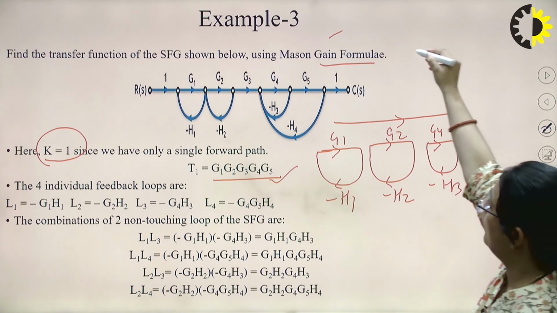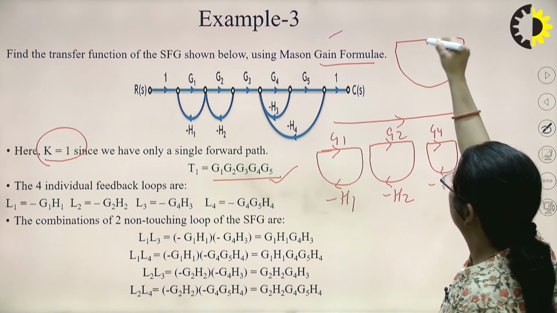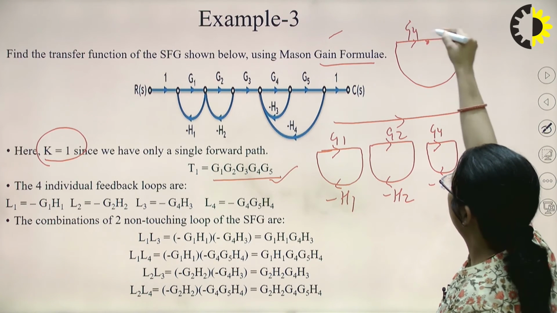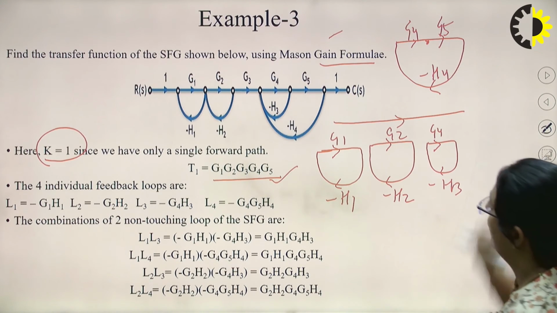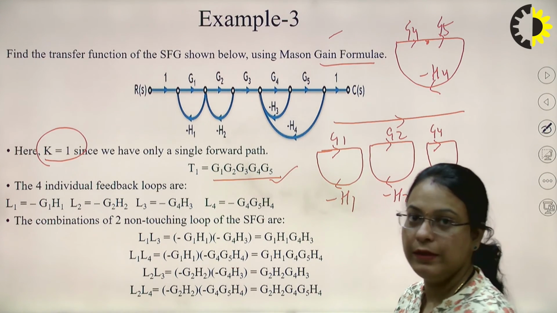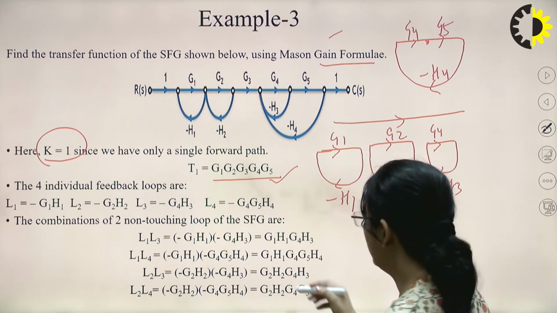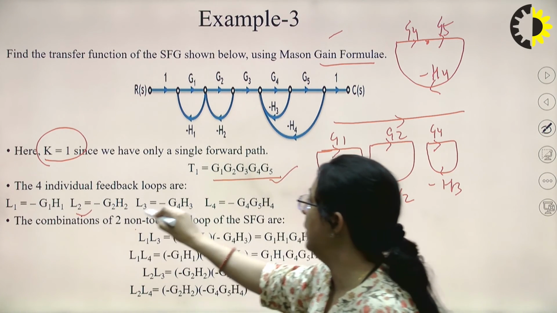And the fourth loop will be G4, G5 and minus H4. Okay. These are the 4 loops formed here in this case. These are the 4 individual loops L1, L2, L3 and L4.